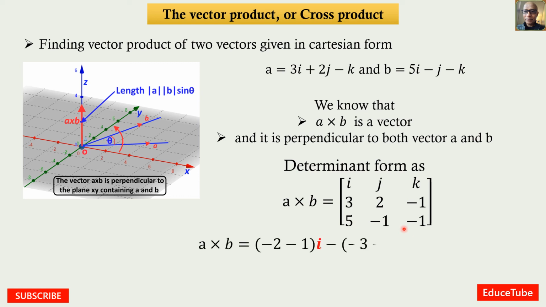It's easy to calculate. So we calculated this and we found A cross B, it is also a vector. So we got minus 3i minus 2j minus 13k. So this is the vector perpendicular to these two vectors.